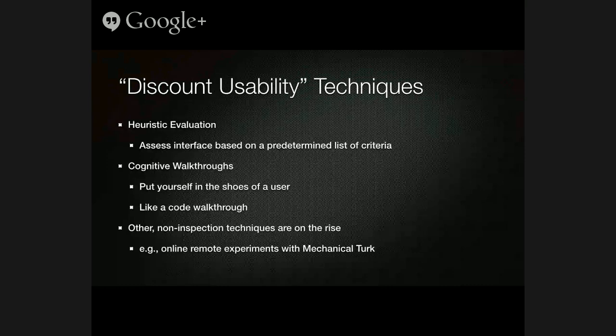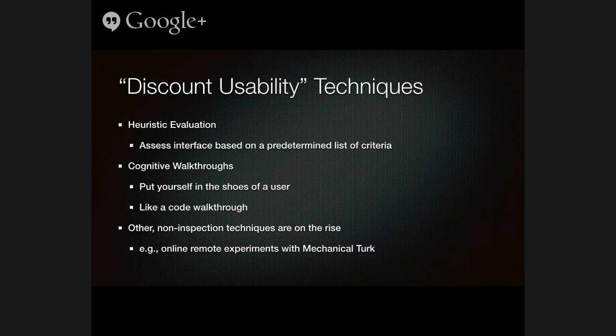You go through every screen of the interface trying to complete that task and noting at every juncture, what is the cognitive load of making the next step? Can I tell by what I'm reading on this page where to click next? Is there any ambiguity about how to accomplish what I'm trying to accomplish?